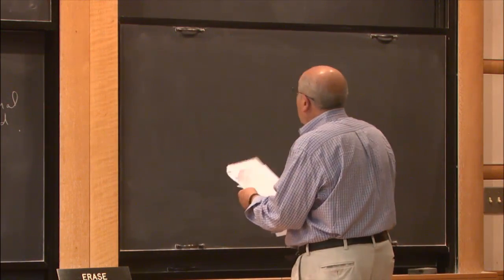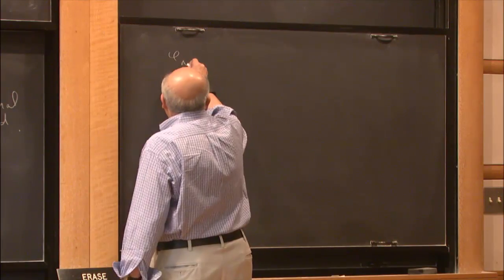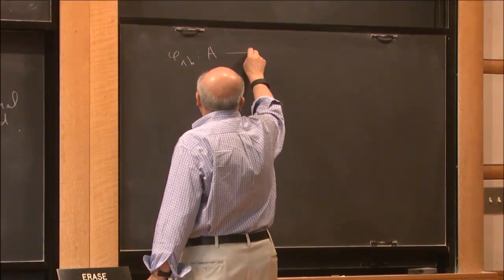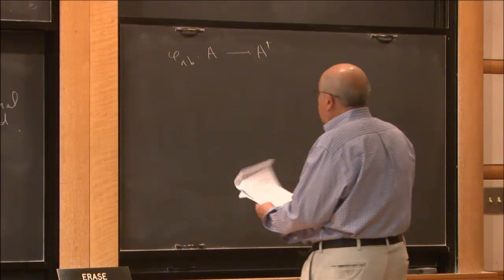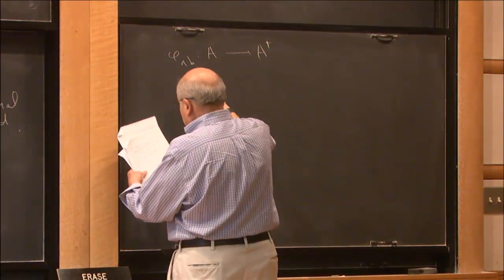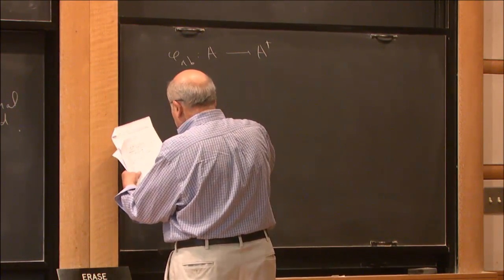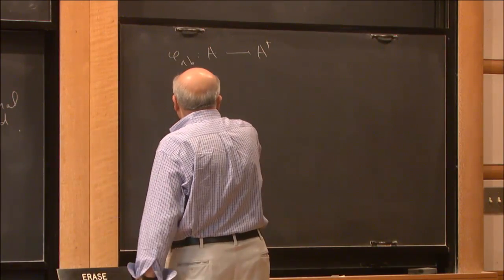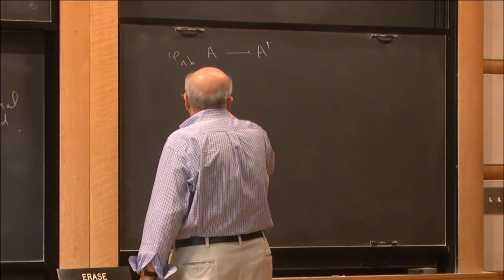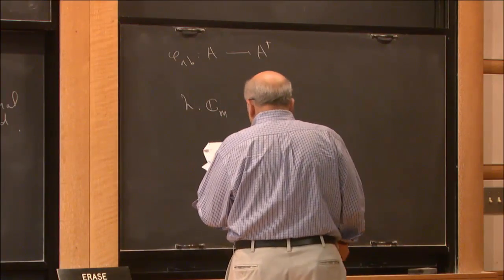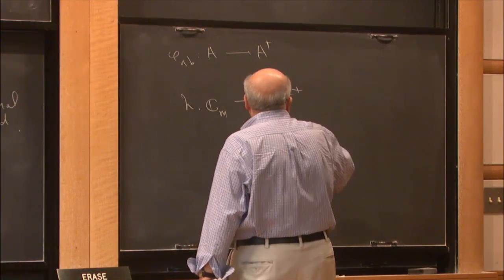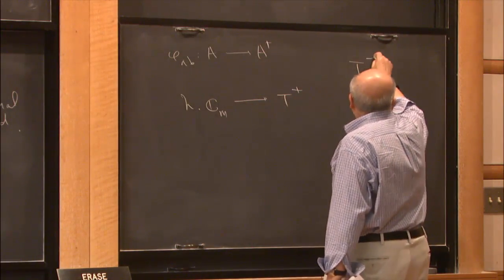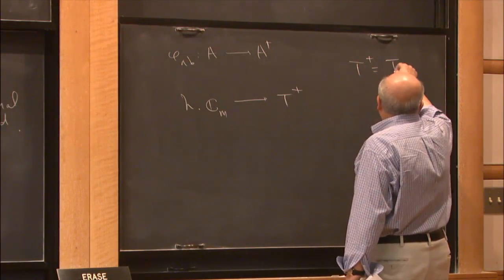So let me assume I have this phi AB from A to A plus, as I said, and so I found that thing. Now let me assume I have a map from Gm to T plus, and T plus is really nothing but T ad.